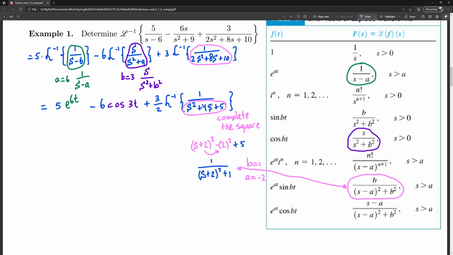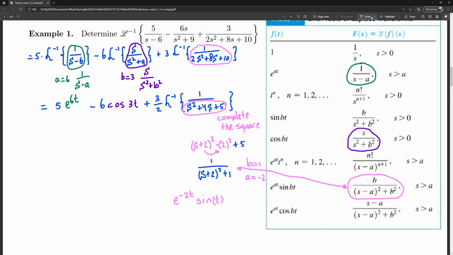So my solution for this part is then e to the power at, so that's e to the power negative 2t, and then sine of bt, so that's sine of t.